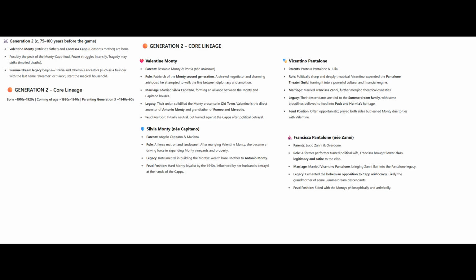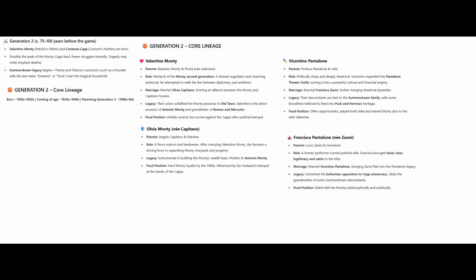So they are essentially 75 to 100 years before the events of the game, where it says it's possibly the peak of the Monty and Cap feud. I wouldn't say that, but I would say it's rising. The power struggle intensifies. Tragedy may strike their implied deaths, and as we all know, they all die very early.